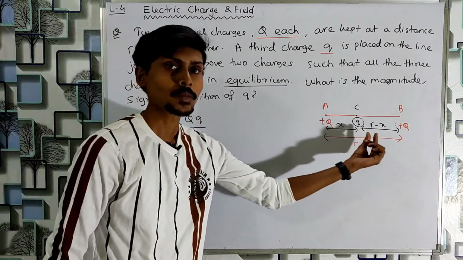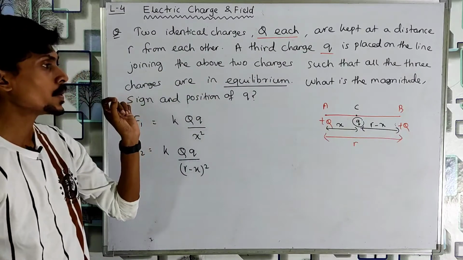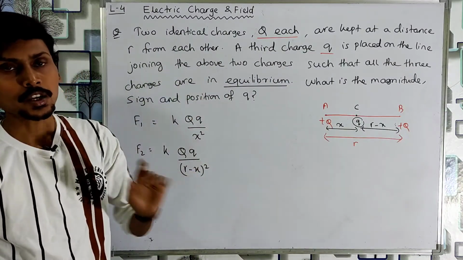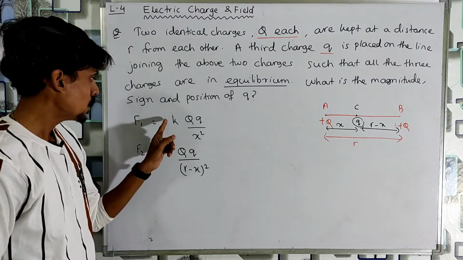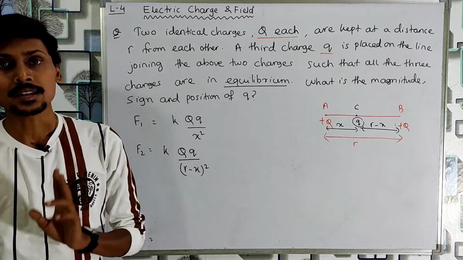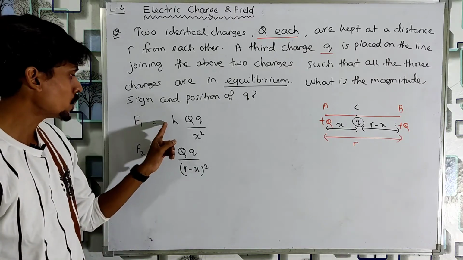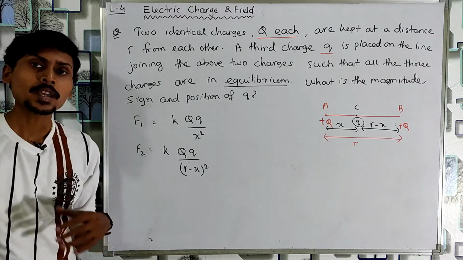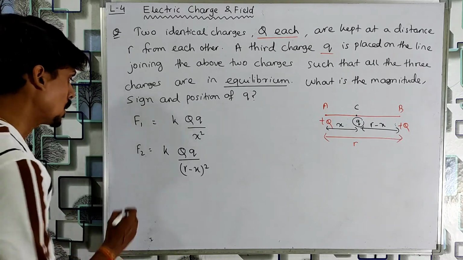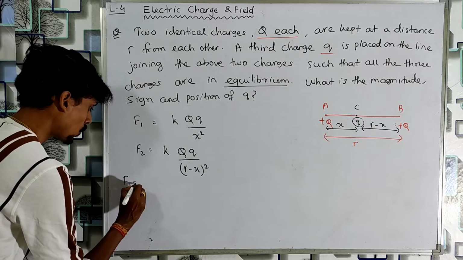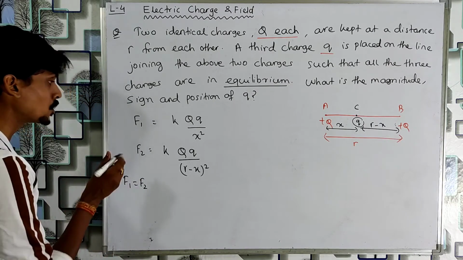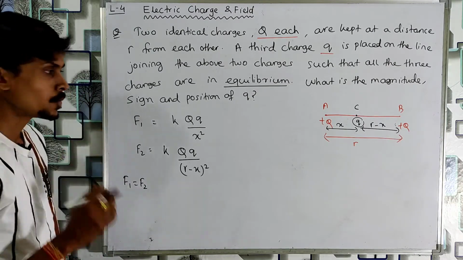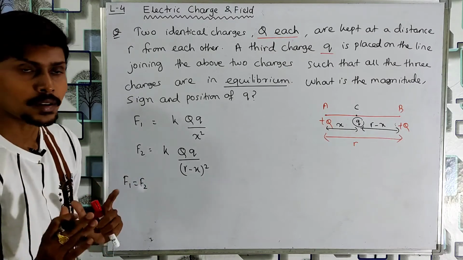Okay, so these are the two forces acting on small q, but it is given that small q is in equilibrium. So these two forces should cancel each other, meaning the two forces should have the same magnitude and they should be in opposite direction. So we put F1 equal to F2, because if the values of F1 and F2 are not the same, then they can never cancel each other.